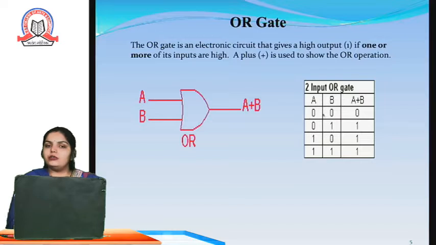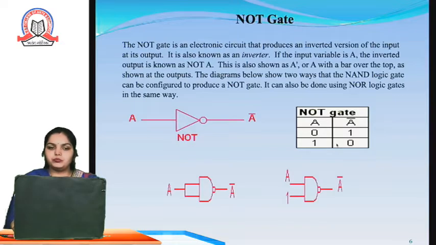For 0 0, if both the inputs are low, then it will give you a low output, 0. Otherwise, if any one of the inputs is high, just like while doing addition, 0 plus 0 equals 0, but 0 plus 1 equals 1, and 1 plus 0 is also 1, and 1 1 here in binary also equals 1.